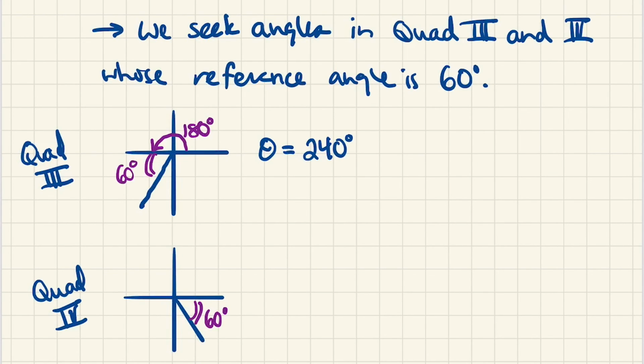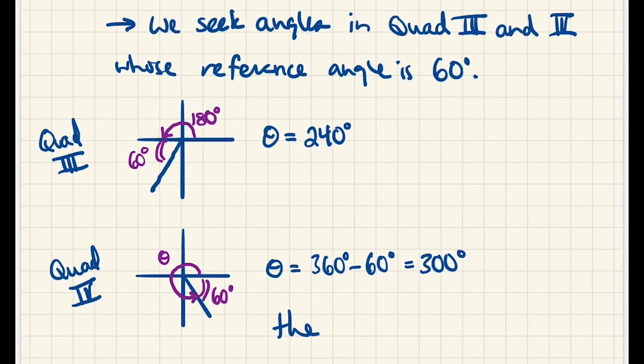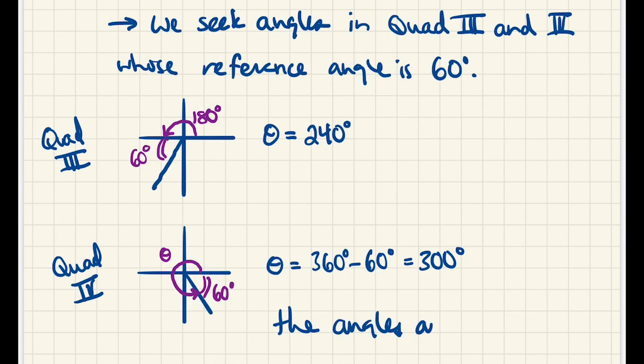And the angle we're after is this guy right there. So, we know that that angle plus 60 is 360, which means that theta must be 360 minus 60, which is 300. So our conclusion would be that the angles are 240 degrees and 300 degrees.